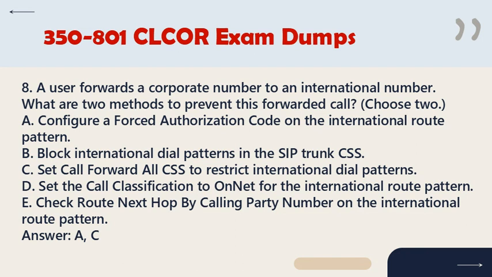C. Set call forward all CSS to restrict international dial patterns. D. Set the call classification to ONNET for the international route pattern. E. Check route next hop by calling party number on the international route pattern. Answer: A, C.